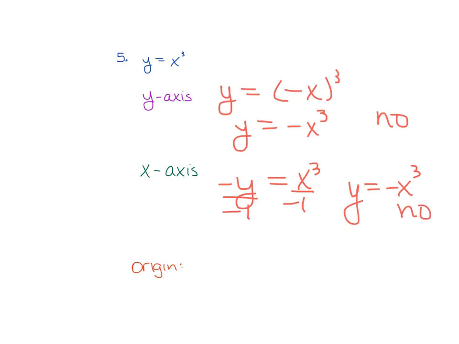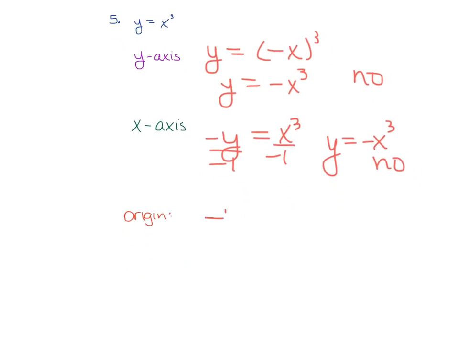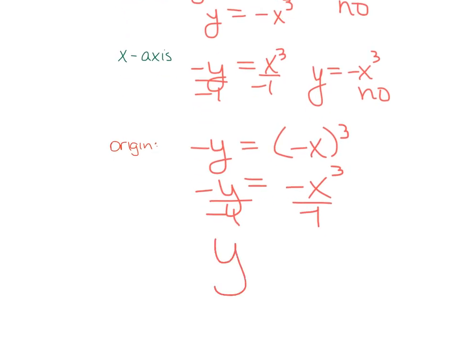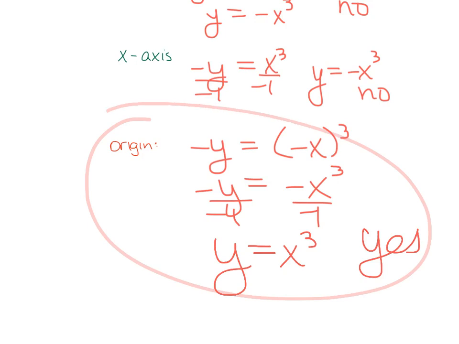This one's also no. And then for the origin test, make them both negative. This becomes negative y equals negative x to the 3rd. Divide by negative 1. And yes, indeed, it finally goes back. So this one actually has origin symmetry.